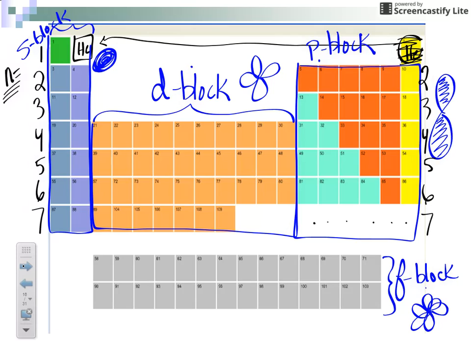The D block and the F block, though, are off from what they look like. Notice the D block looks like it comes in the 4th energy level, but it is off by 1 from what it looks like. So the D's are always numbered for the energy level 3, 4, 5, and 6. And the F block is off by 2 from what it looks like.